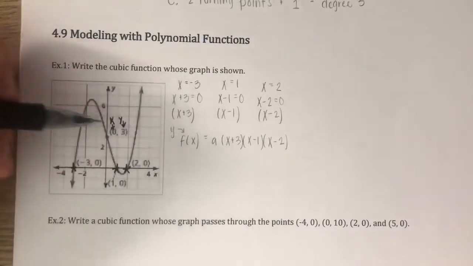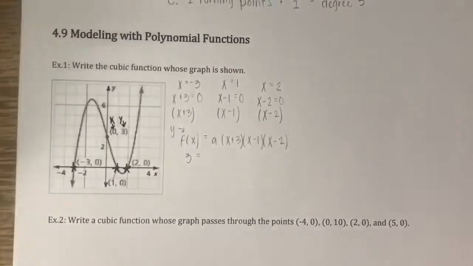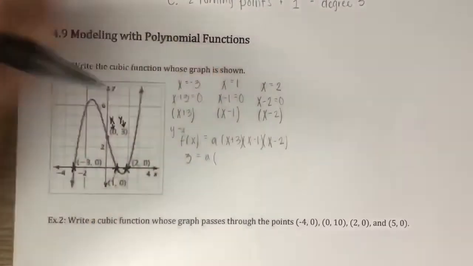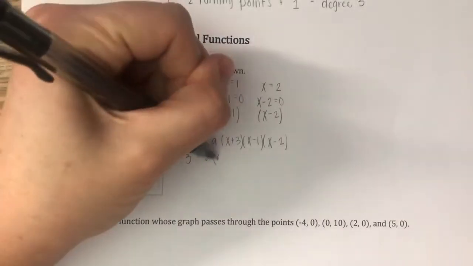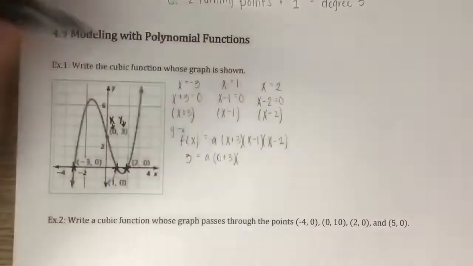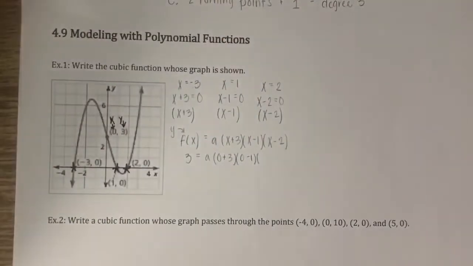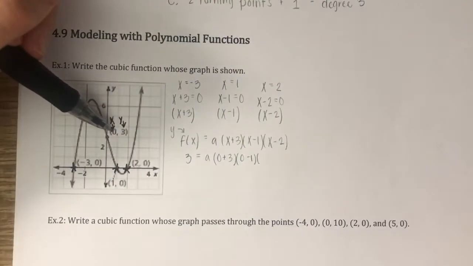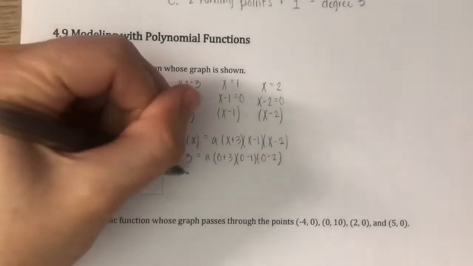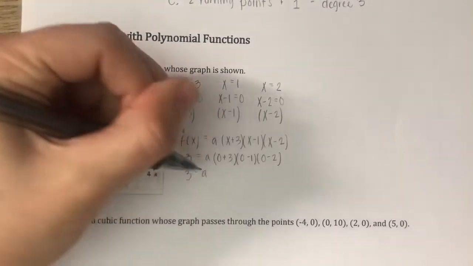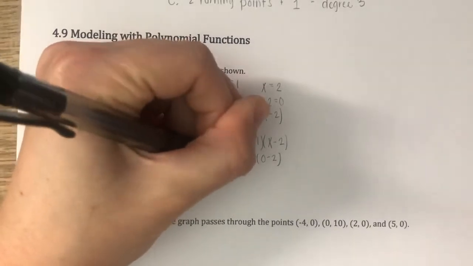Instead of f of x equals, it'll be 3 equals a, because that's what we're trying to find, times 0 plus 3 times 0 minus 1 times 0 minus 2. So that 0 goes in for all 3 x's.